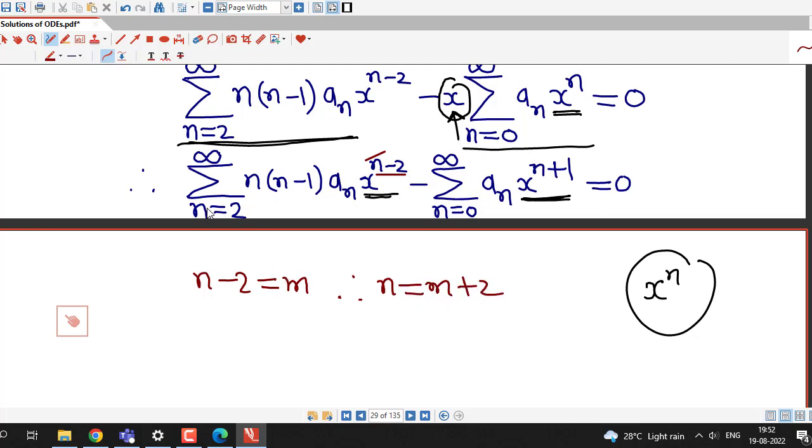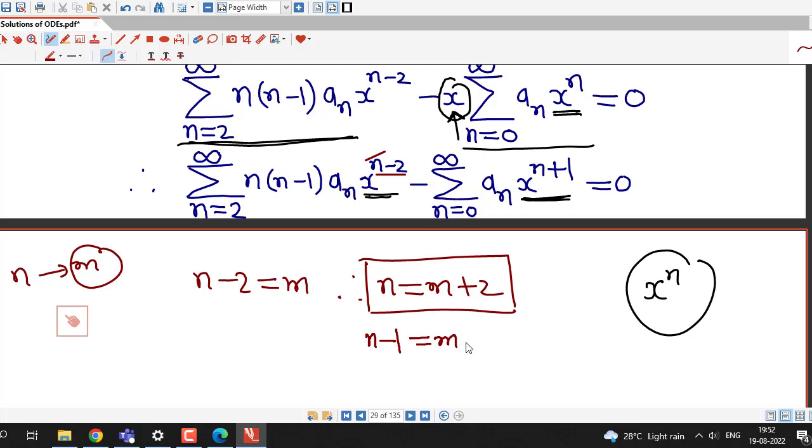So we are changing summation index from n to new summation index m by this substitution, n minus 2 equal to m. So if I take n minus 2 equal to m, n will be equal to m plus 2, and n minus 1 will be equal to m plus 2 minus 1, that is m plus 1. And here range of n is from 2 to infinity. So if I take n equal to 2, m will be 0.